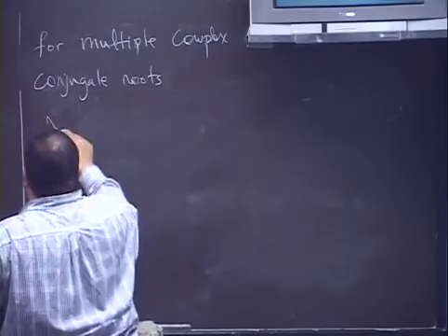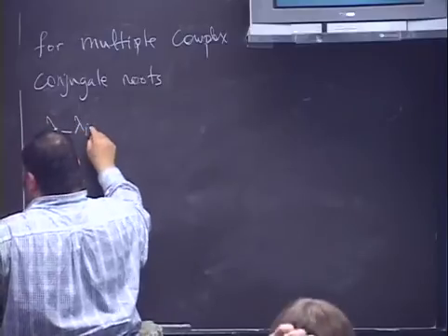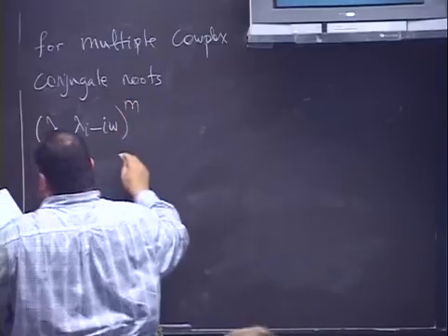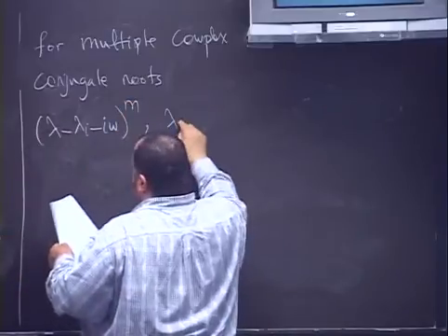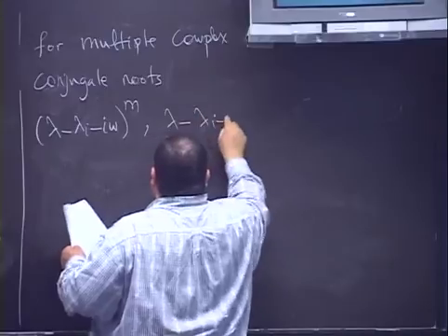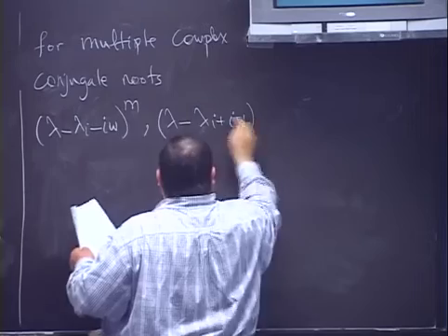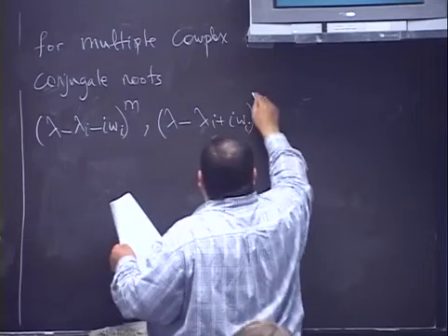This is lambda minus lambda_i minus i omega to the power of m, and lambda minus lambda_i plus i omega to the power of m.